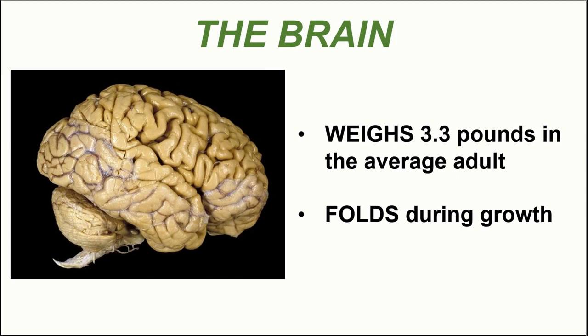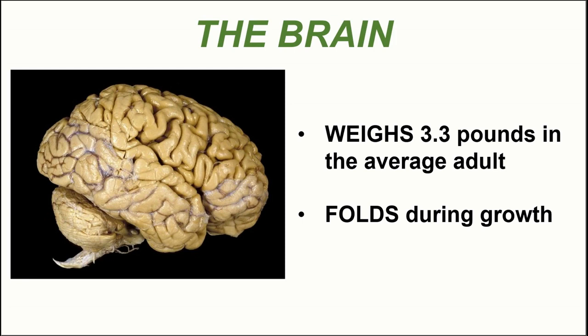This wrinkling or folding occurs because during development, the brain is growing more rapidly than the fibrous membrane-like tissue that will eventually become the skull. Therefore, the brain actually has to fold in order to occupy that available space.